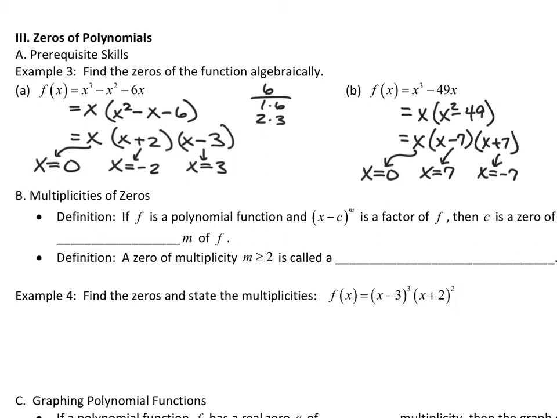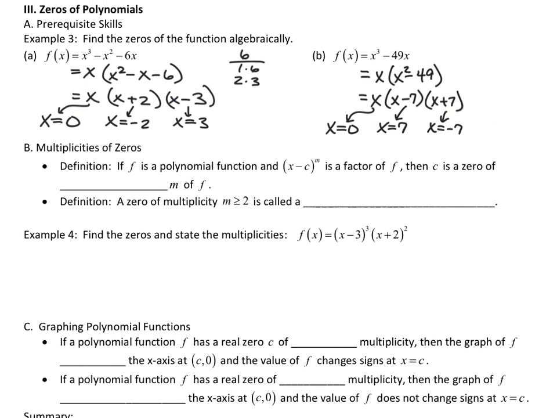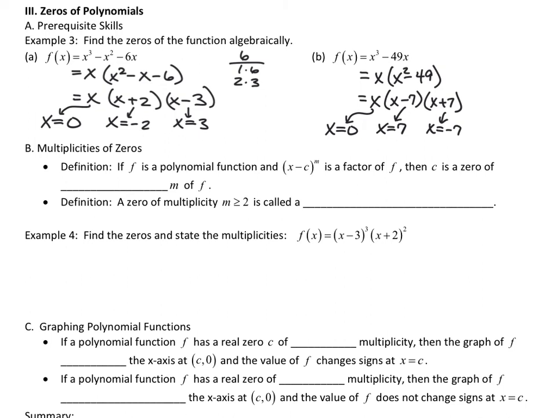Now, with these higher order polynomials, we're going to have something called a multiplicity of a 0. So if f is a polynomial function and x minus c raised to the m power is a factor of f, then c is a 0 of multiplicity m of f. What?